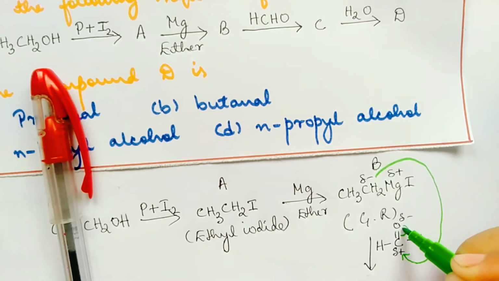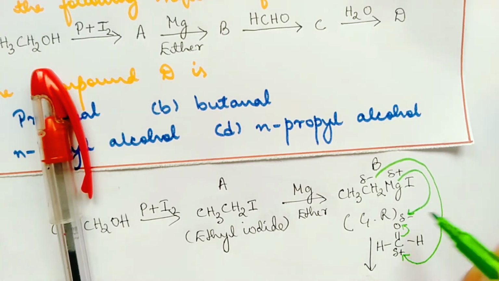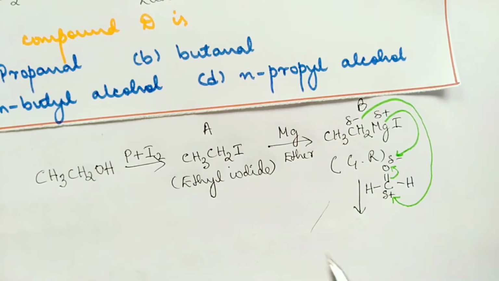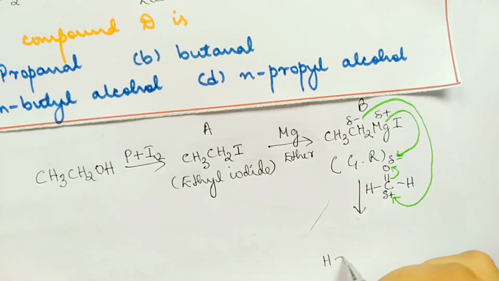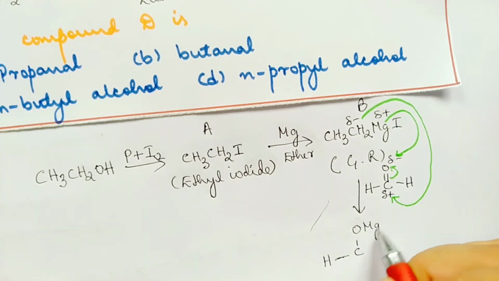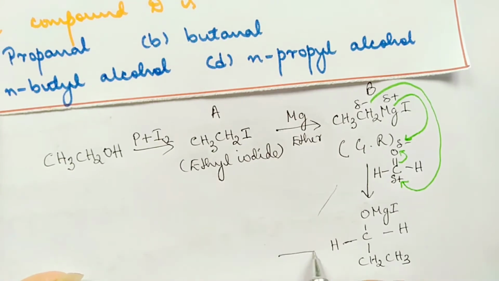The electrons from this bond shift here, and so this positive part comes here, and we have H2C-OMgI with CH2CH3.